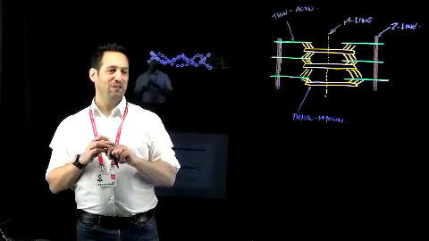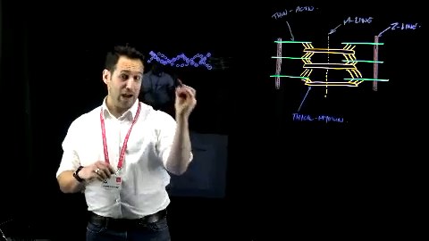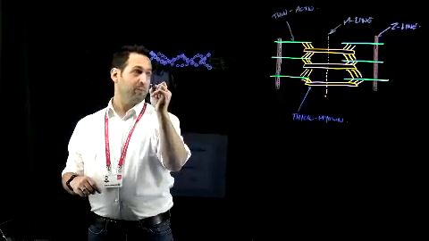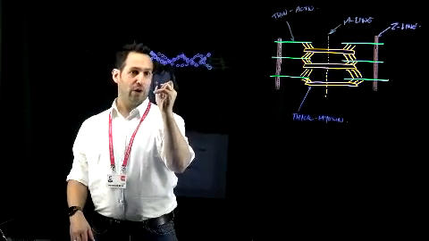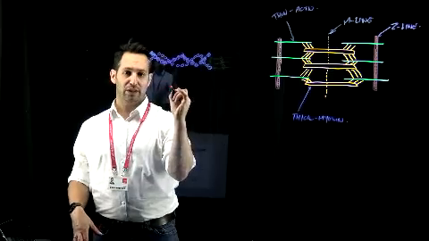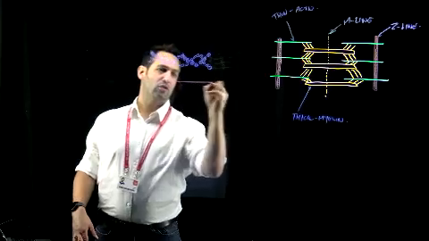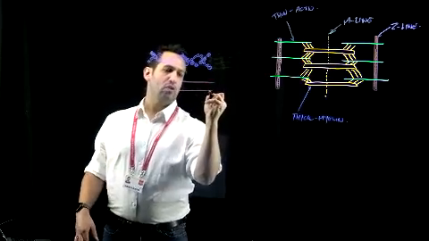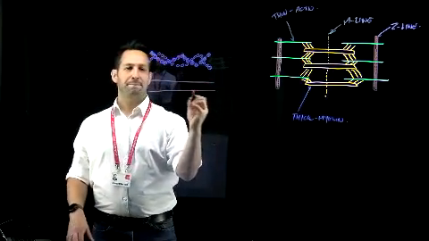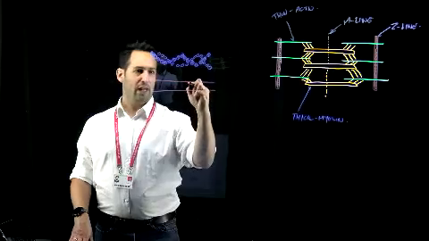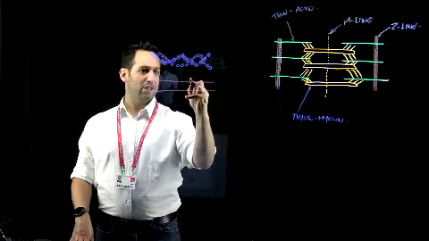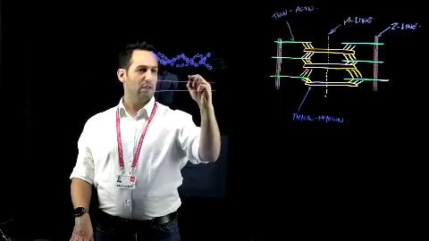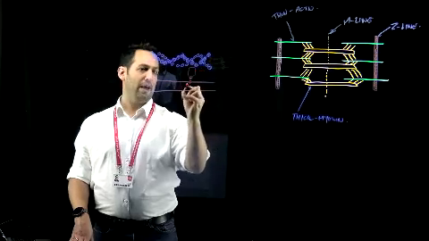So what we've got in and around this is our thick filament. I'm going to draw our myosin like this, and then I'm going to draw a head of myosin coming out like that.